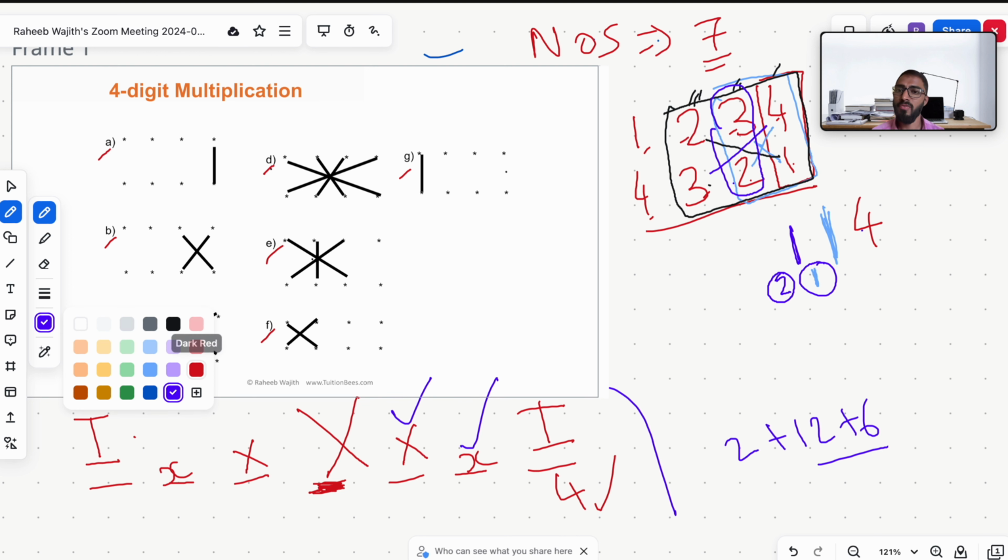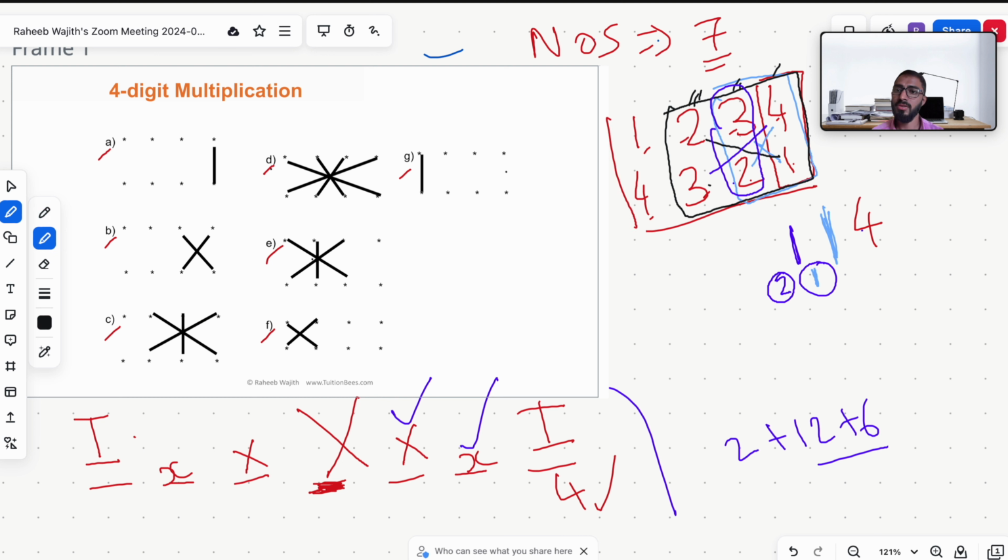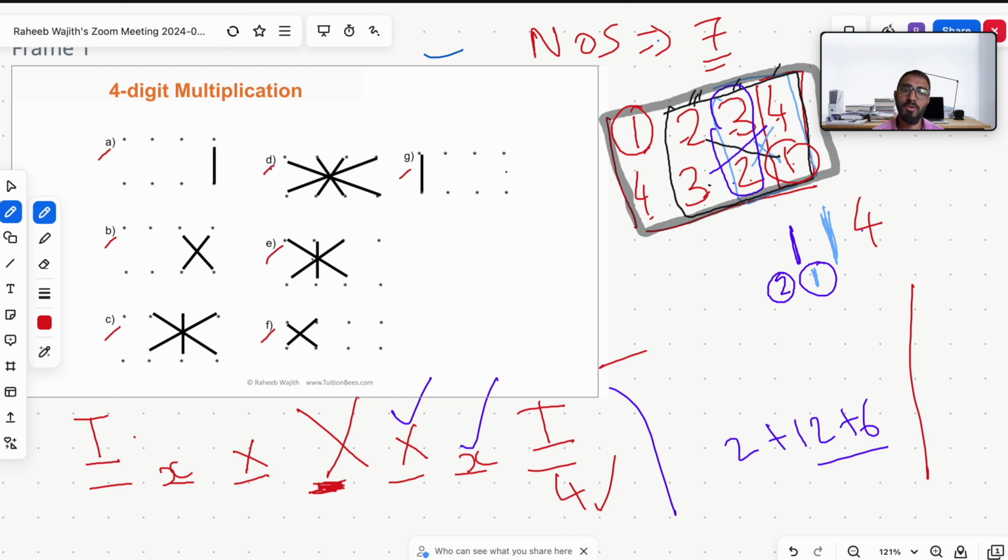Step number 4 is nothing but we are just going to take this whole number. Now we'll be multiplying these 2 extremes, 1 into 1, which will give us 1, and then we will multiply these 2 numbers, 4 into 4, which will give us 16.